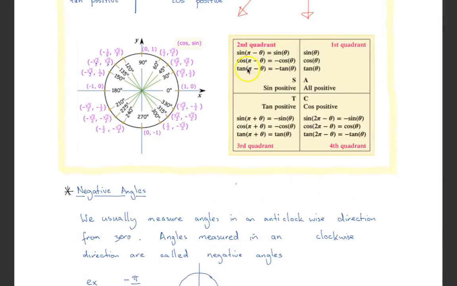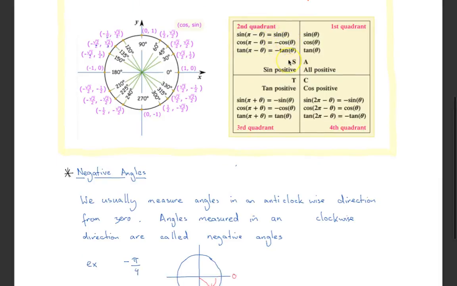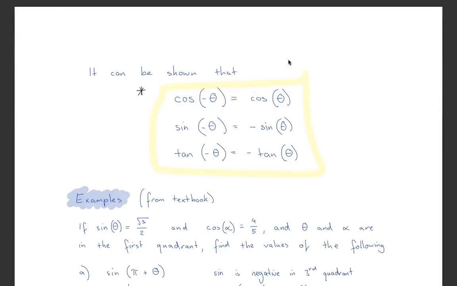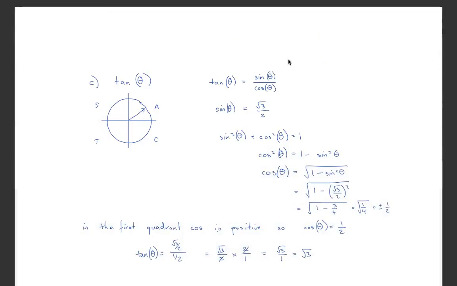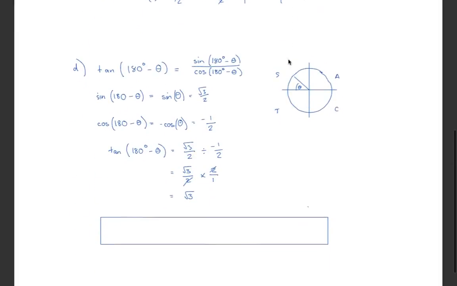And while we're at it, we also need to know what cosine of pi minus theta is, and that's just negative cosine of theta. So sine of pi minus theta is sine of theta. Cosine of pi minus theta is minus cosine of theta.